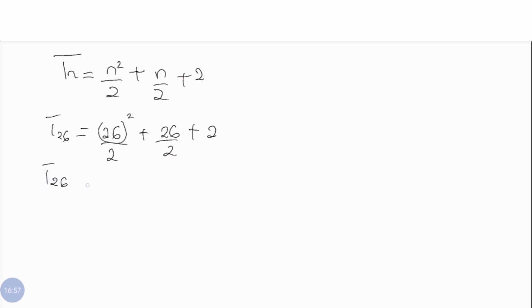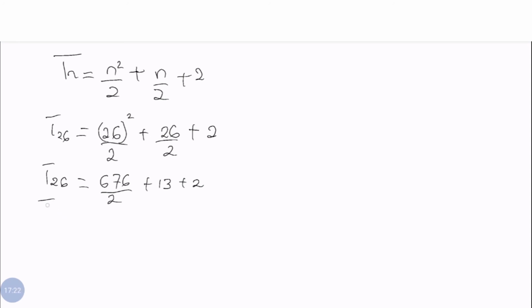T26 is equal to 26 squared, which is 676, over 2 plus 26 over 2, which is 13, plus 2.